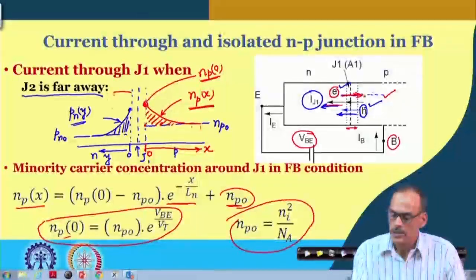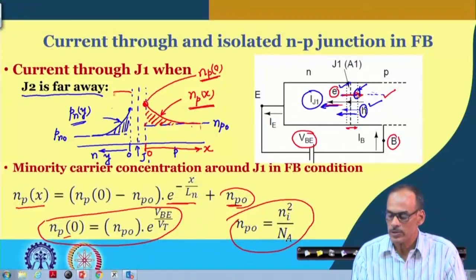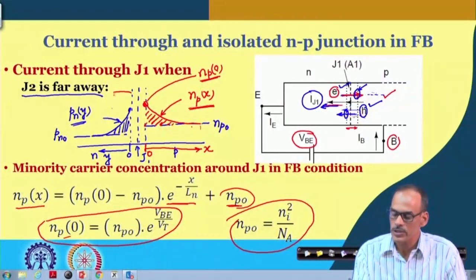So, to find the net current, you can find the current at this point due to the diffusion of the electrons, plus the current at this point due to diffusion of the holes. So, the total current may be obtained by considering the diffusion current at x equal to 0 plus the diffusion current due to the holes at y equal to 0.